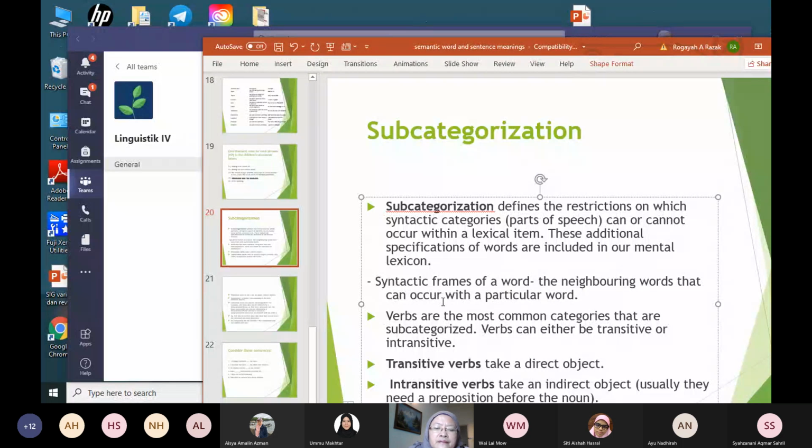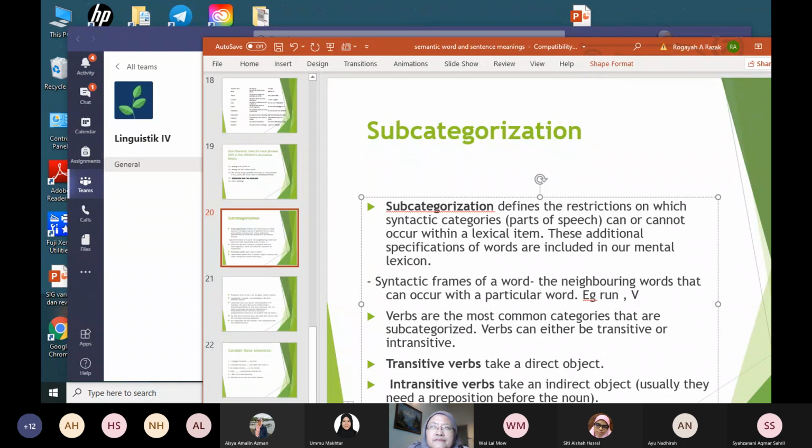For example, if you have run, you can just say the subcategorization is a V, and then it has nothing. A V only. So this is a subcat.